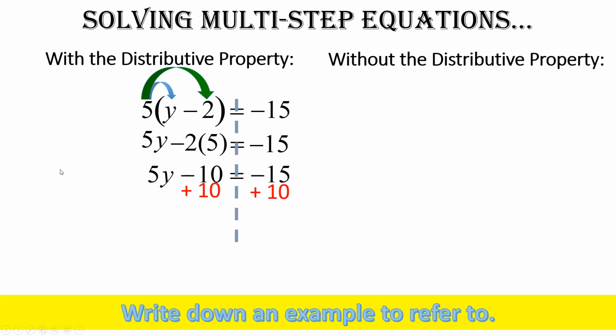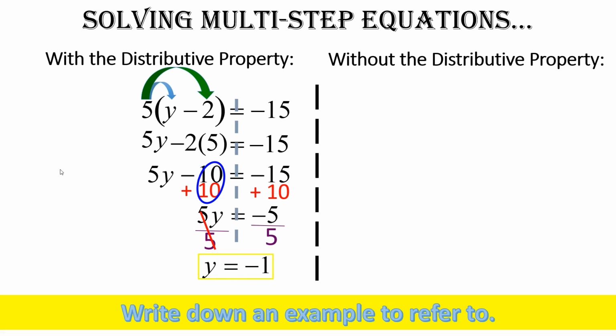So we need to add 10 to both sides to get rid of the minus 10, simplify the right side, and then divide by 5 to isolate y and get y equals negative 1. Now, the other way you can solve this, I've put a little dot here to emphasize that this means 5 times this quantity, because to undo multiplication, we can divide by 5, because 5 divided by 5 will become a 1.